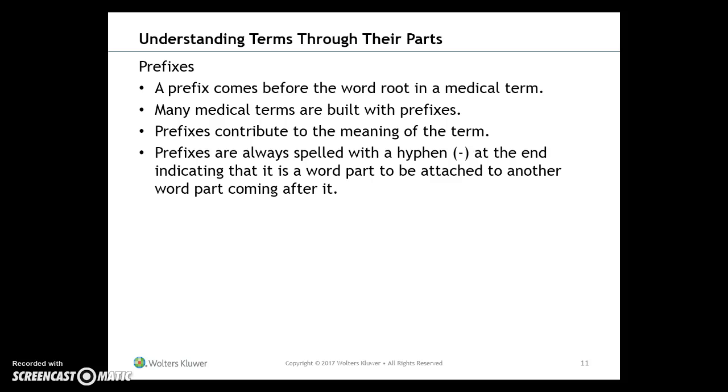Okay, so let's then move to prefixes. A prefix is the word part that comes before the word root, and many medical terms are built with prefixes. Prefixes usually add to the meaning of a term by adjusting or qualifying the meaning of the root word. What you're going to see in this course is hyphens are used to signify prefixes, suffixes, and combining forms.